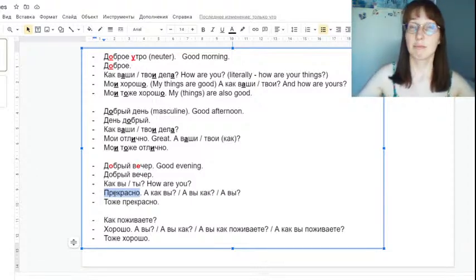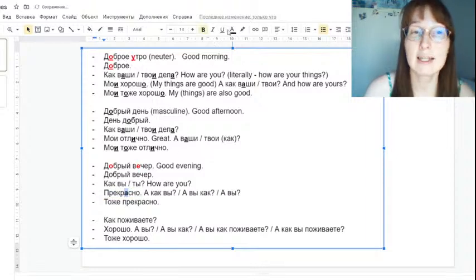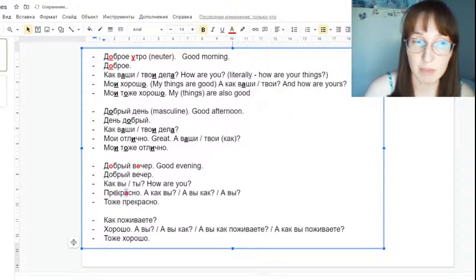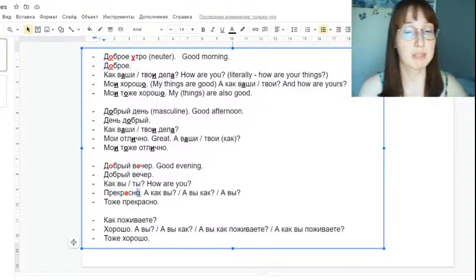Прекрасно. Прекрасно. I is stressed. Unstressed year represents E sound. Unstressed O represents A sound.